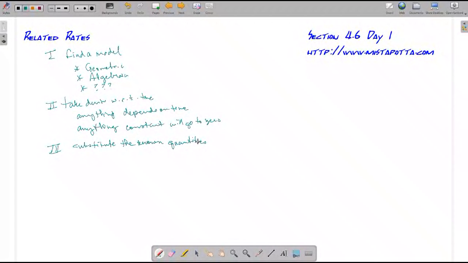I had two variables, volume and radius. When I take the derivative, I end up with not only volume and radius, but dV/dt and dr/dt, because those are variable quantities as well.